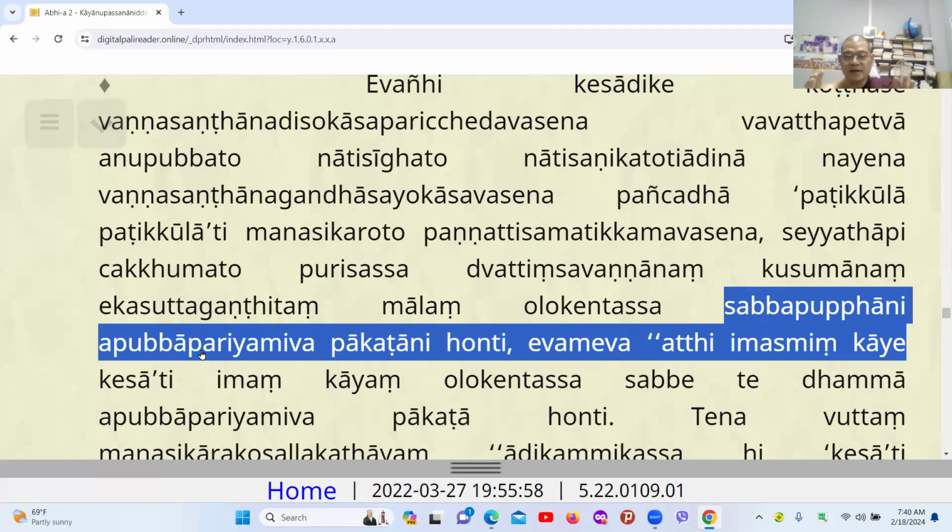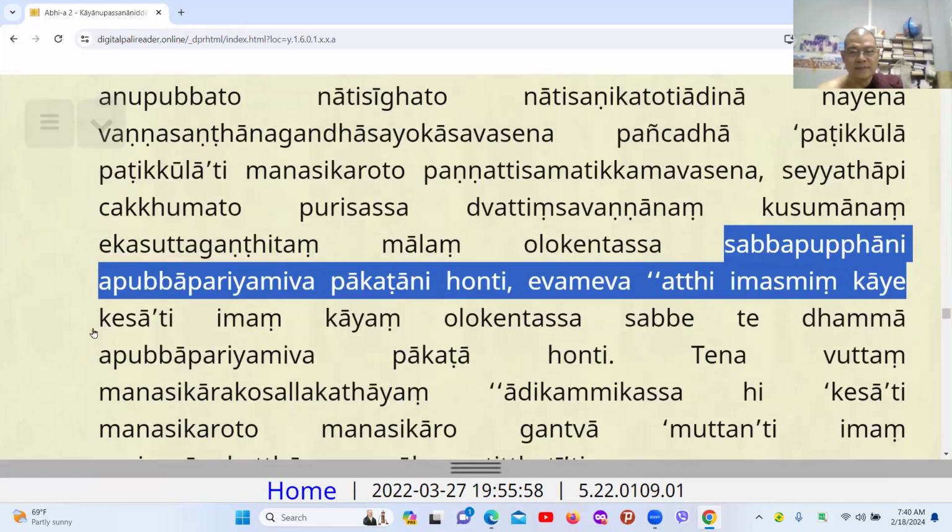When you look at the garland, in a single string with 32 colors, as soon as you look at it, you see clearly the many colors, because you have good eyes. You see each of the flowers, each of the colors there clearly. Just like that.